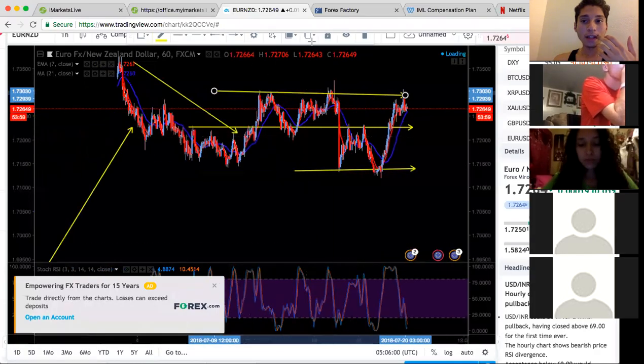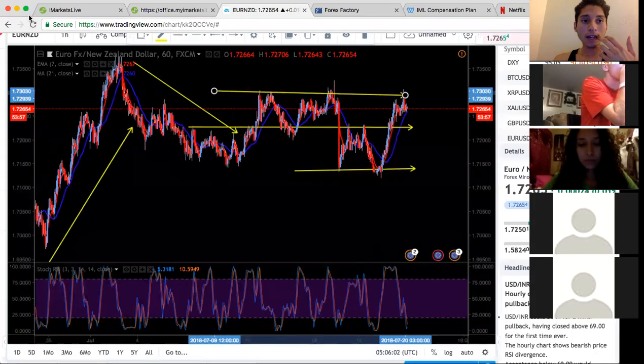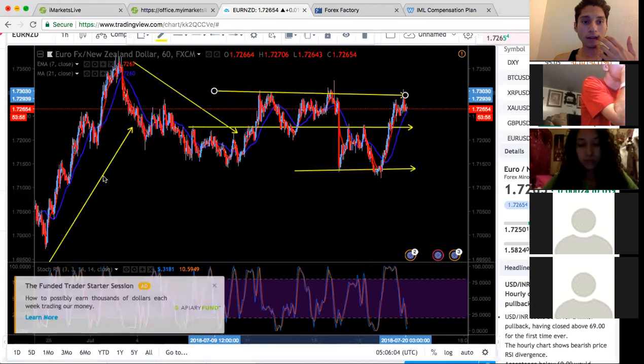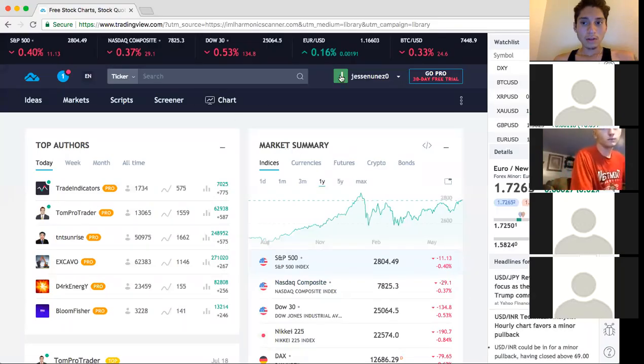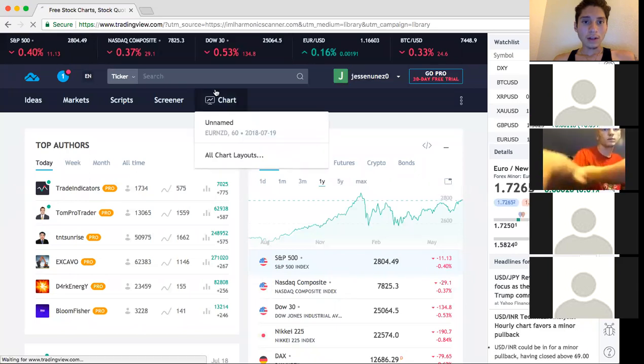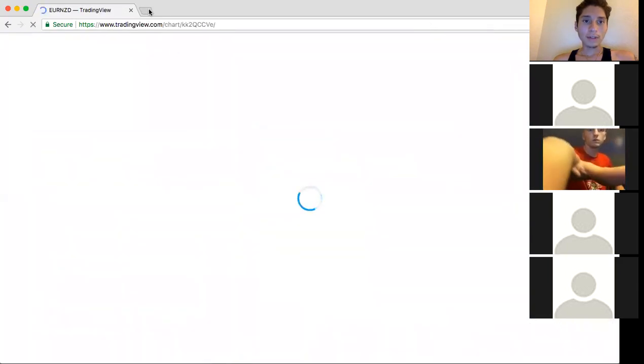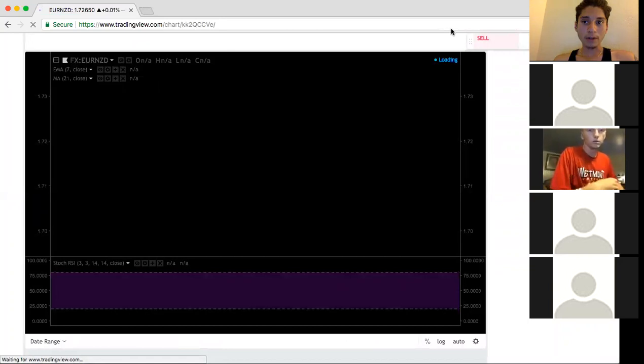So let's see, I'm going to go on a chart or currency that I haven't used. I'm going to get out of here though, because I'm going to log back on and share my screen again. Okay. Does anyone want me to look up a specific currency pair, or does any work?